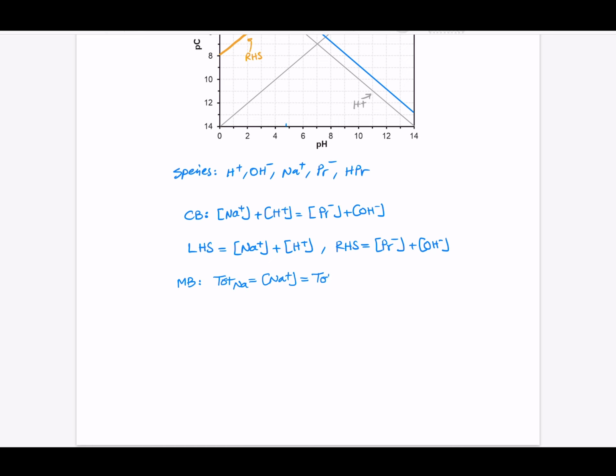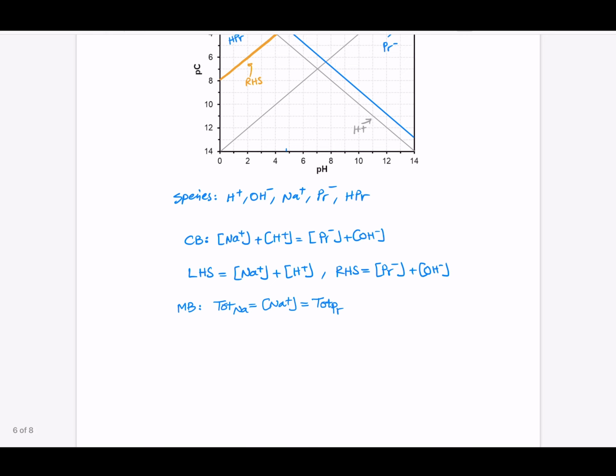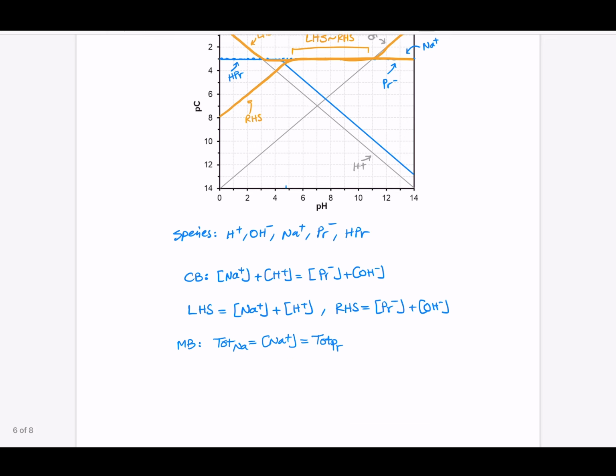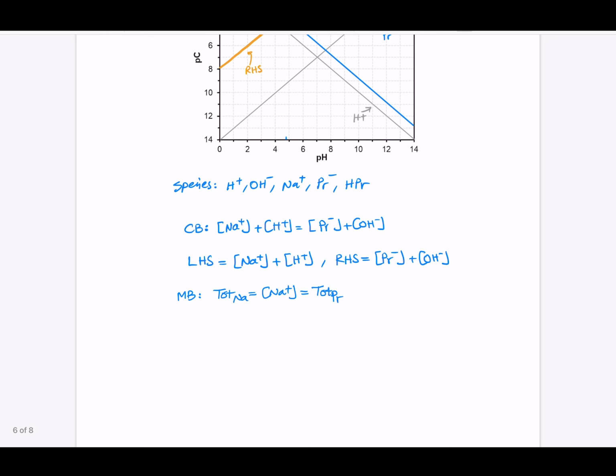Because we're adding 10 to the minus 3 NaPR, that means 10 to the minus 3 Na and 10 to the minus 3 total PR, right? So then this would be equal to HPR plus PR minus.